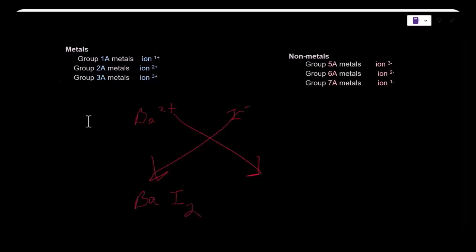The subscripts represent the number of atoms in the compound. So iodine had a negative charge of 1, so it would come down to barium. We could put 1 there. Barium had a positive charge of 2, so we could put 2 on the iodine. And by convention, if a subscript is 1, we just leave it out. So we could just write barium iodide as the formula.